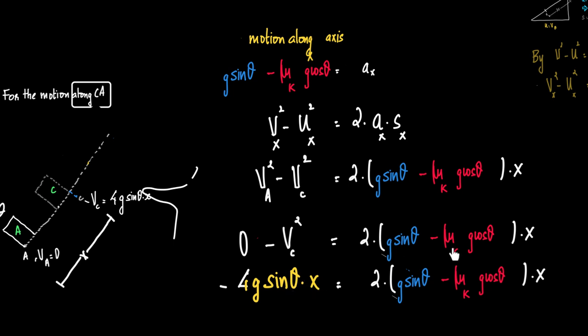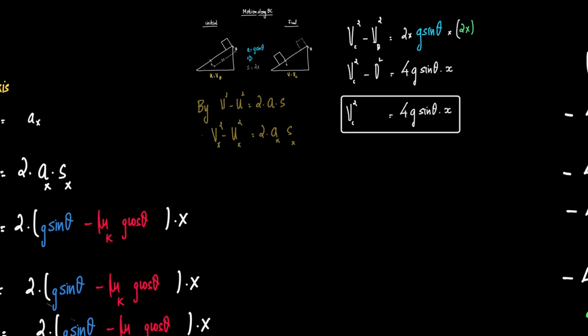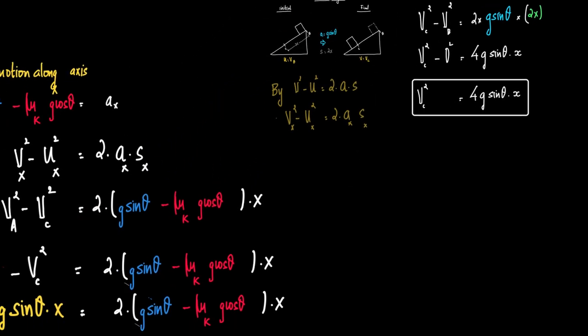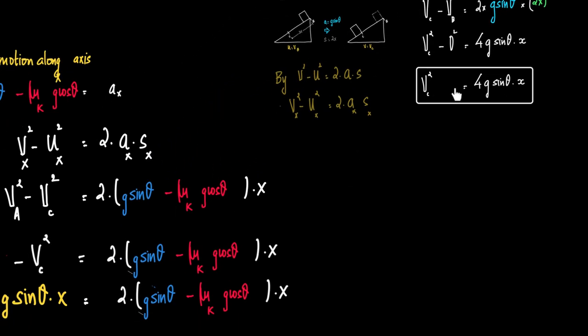You can discard this x and x. I just wanted to show you that vC square here is 4g sine theta into x, the previous one.